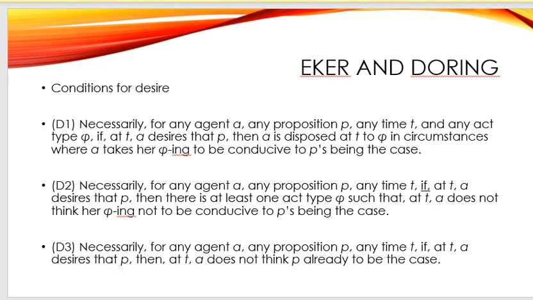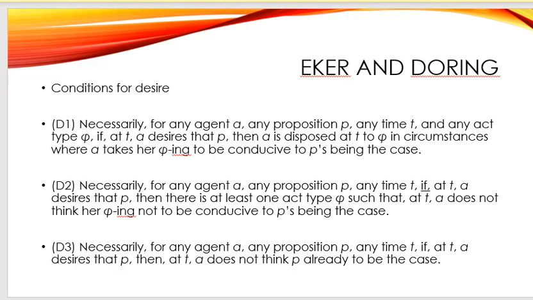So if you want to argue against Eckert-Dorian, all you'd have to do is show that one of these, D1 through D3, is false, and that would negate the modus ponens. The modus ponens goes like this. The first premise: if you have a desire, then D1 and D2 and D3 are true.